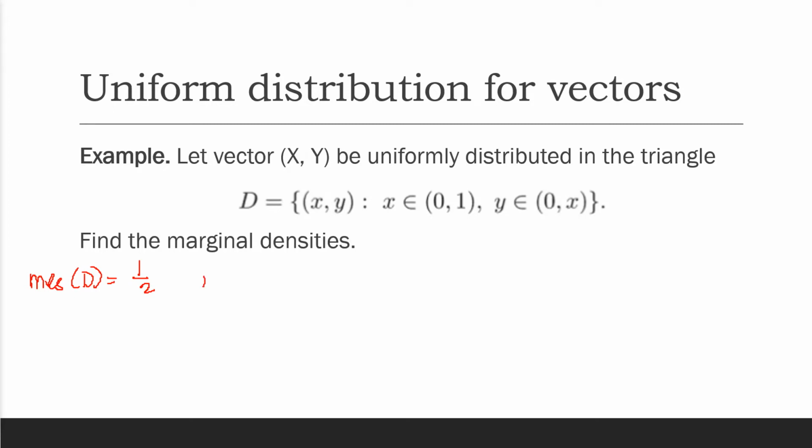Hence, the joint density f of x, y is equal to the inverse of 1 half times the indicator function of (x, y), which is equal to 2 times the indicator function of (x, y).